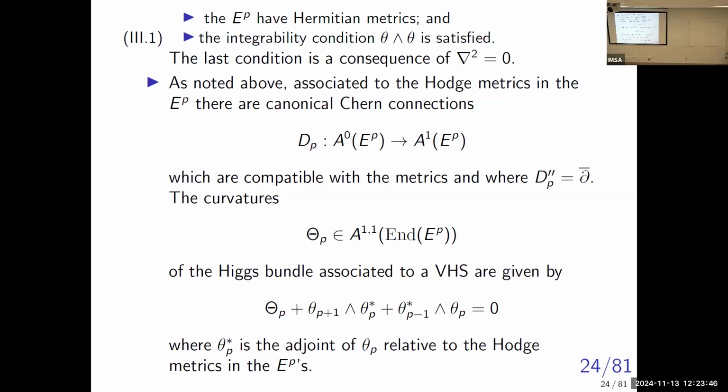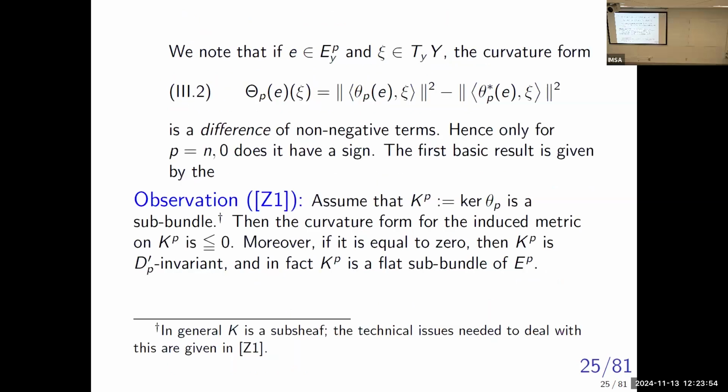One is increasing p, the other is decreasing it using the adjoint. So the curvature form is a difference of positive terms. It's not positive or negative, it's a difference.